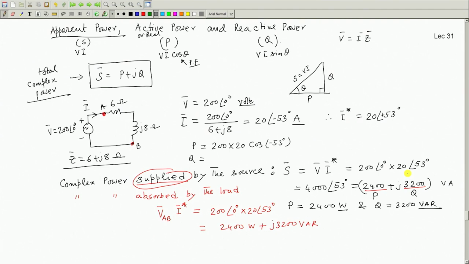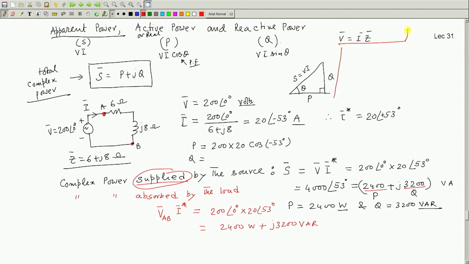If it was a capacitive circuit, suppose 6 minus j8 ohm, then you will see the reactive power. Are you getting me? So, note it down.